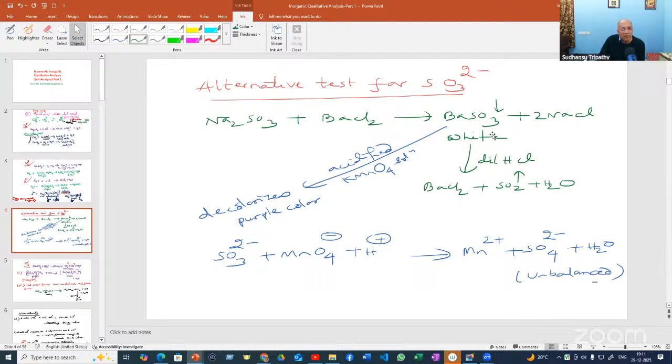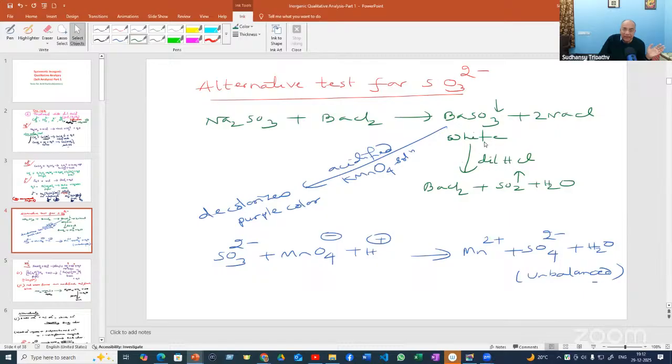Yes, barium sulfite is also a sparingly soluble substance, but the difference is barium sulfate is insoluble in everything. In concentrated HCl, in nitric acid, it is insoluble. But sulfite is easily soluble. Again, it produces the same SO2 gas.